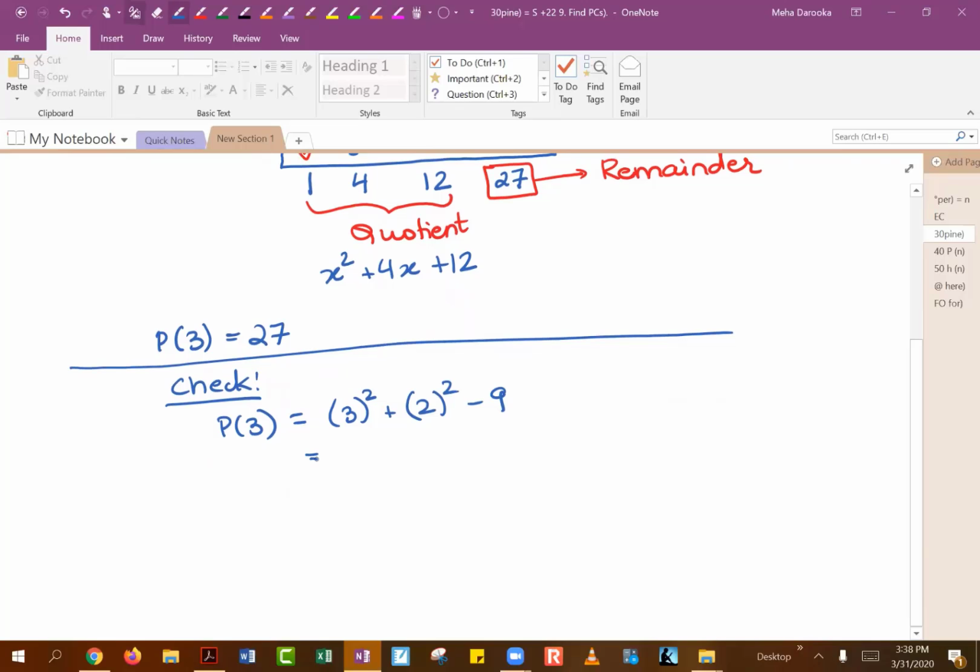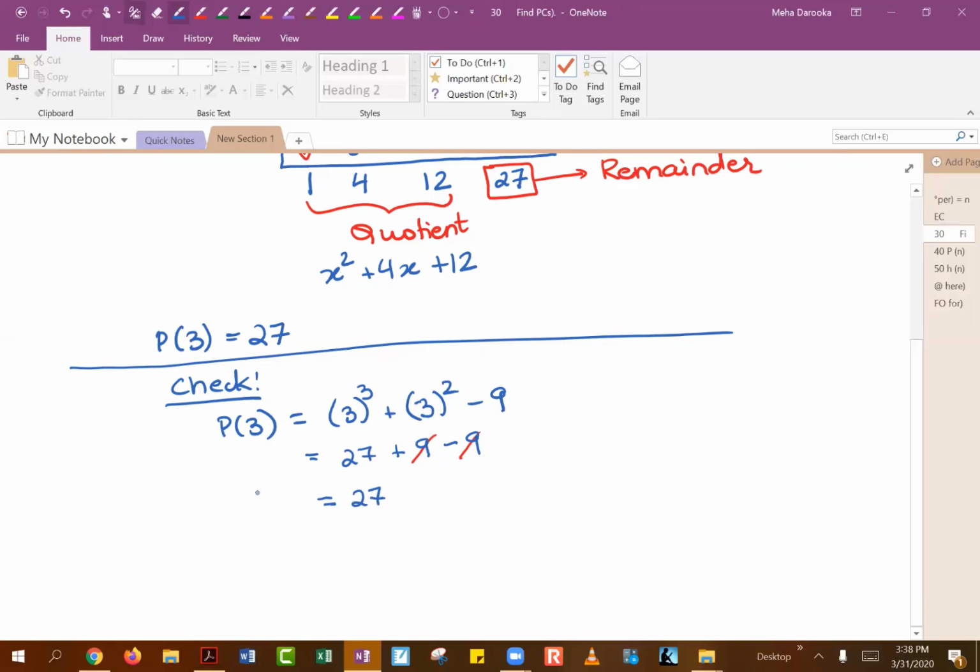Oh, sorry, I don't know what I'm doing. This should be a 3 here, because my x value is 3. So this should be 3 to the third power, which is 3 times 3, which is 9, 9 times 3, which is 27, plus 3 squared, which is 9. And then I have my constant term minus 9 at the end. So of course you should see this plus 9 minus 9 will end up canceling each other out, and they give you the answer 27.